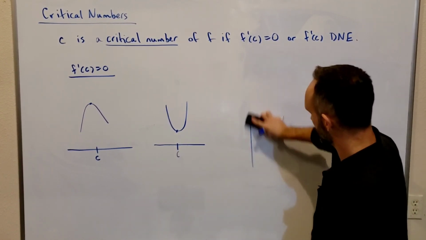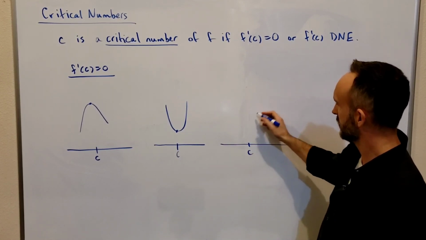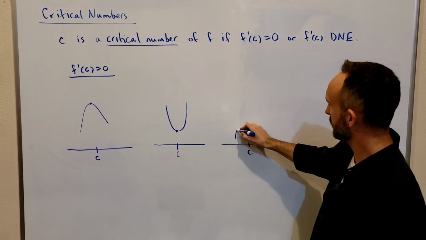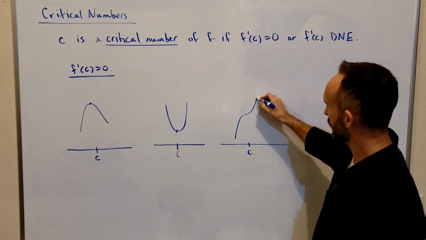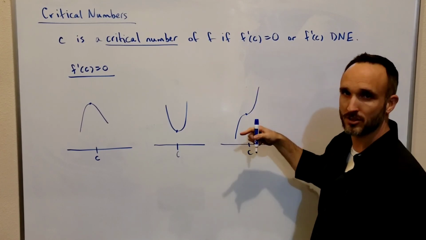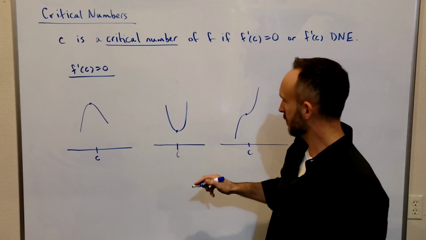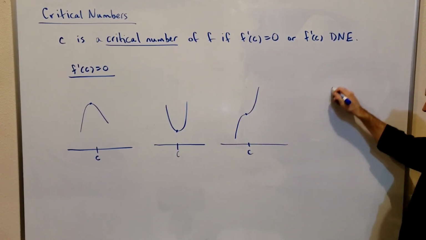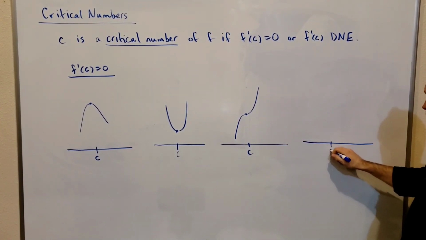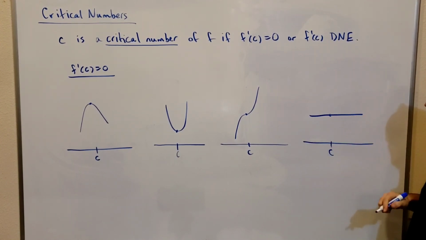Sorry about that. So you could have something like this, where your graph comes up, goes horizontal, and then goes up again after. And at this point, we have neither a max nor a min. Okay? You could also have maybe a more obvious case where you just have a horizontal line. So in fact, at this point, you have a horizontal line.